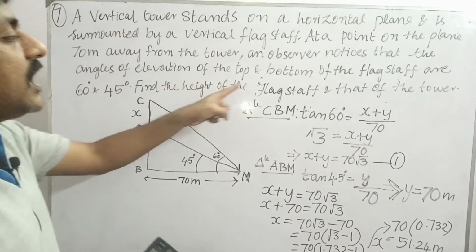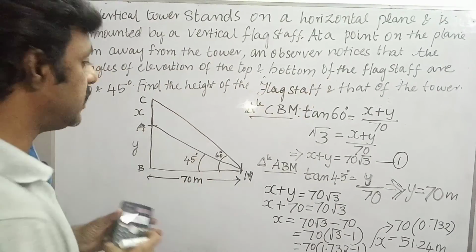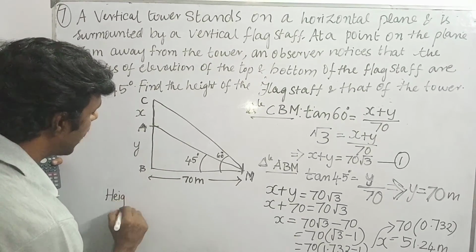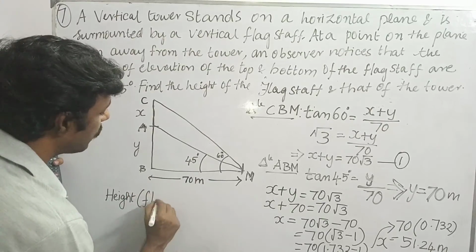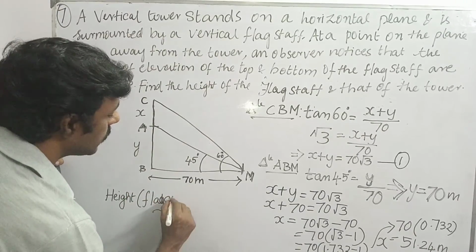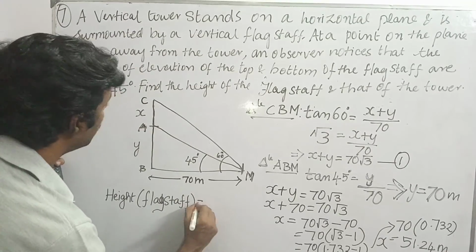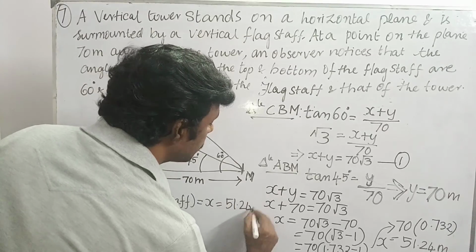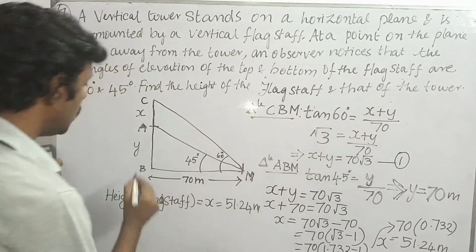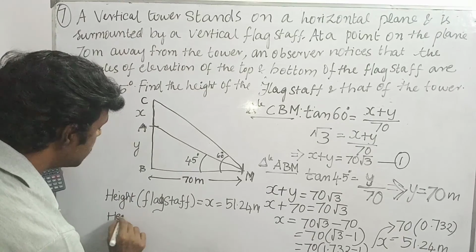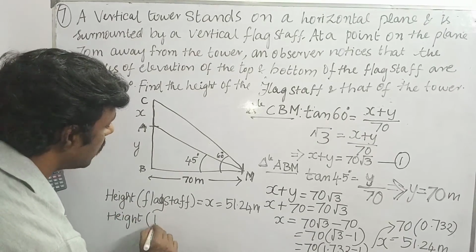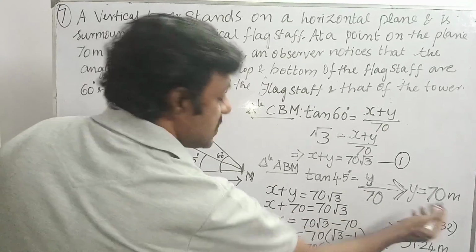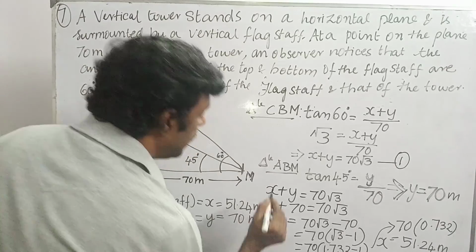They are asking you to find the height of the flagstaff and that of the tower. Therefore, the height of the flagstaff is nothing but x, which is equal to 51.24 meters, and the height of the tower is nothing but y, which is equal to 70 meters.